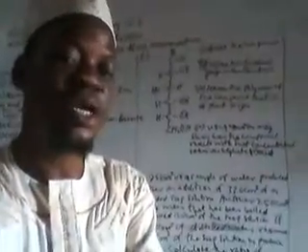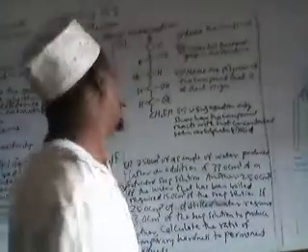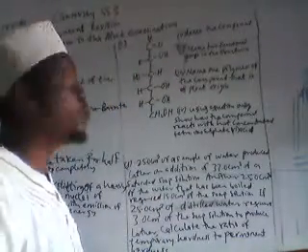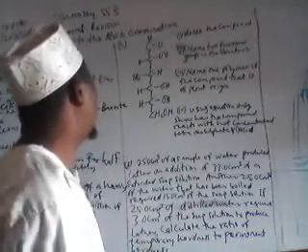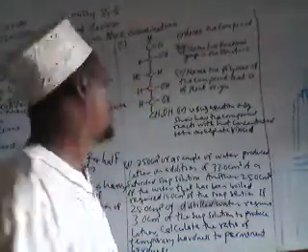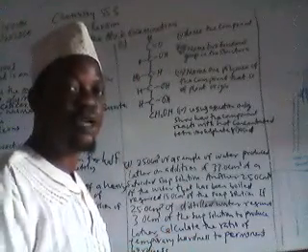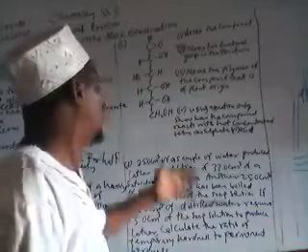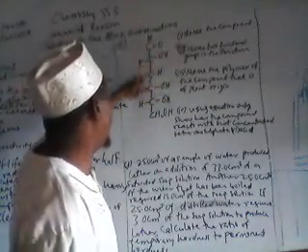Now coming to question 1C, where we have some of you not doing very well. You have this structure and you are asked to name this compound. Unfortunately, many of you could not name the compound correctly. If you look at this structure, you would see 1, 2, 3, 4, 5, 6.